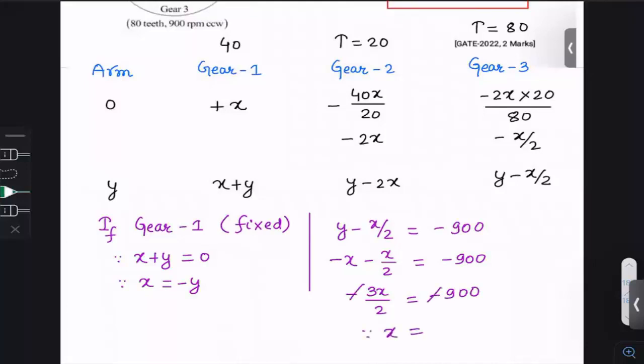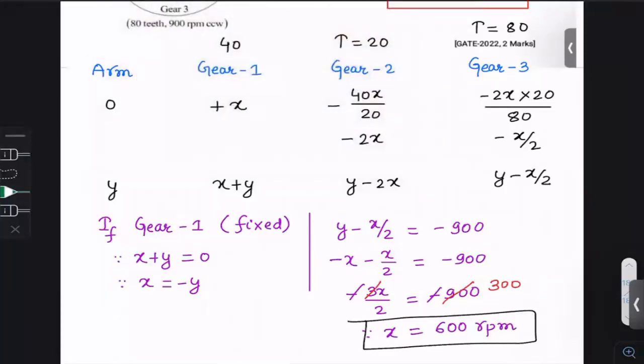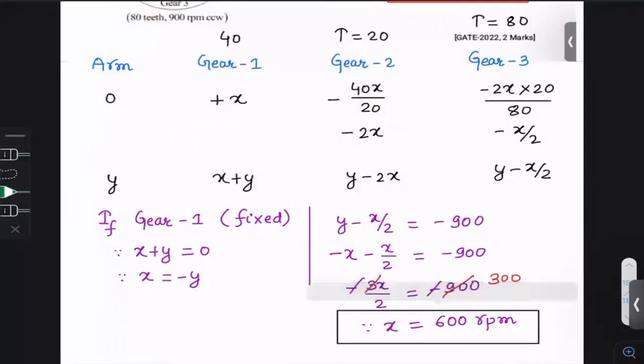X is equal to 600 rpm that we are getting, okay.